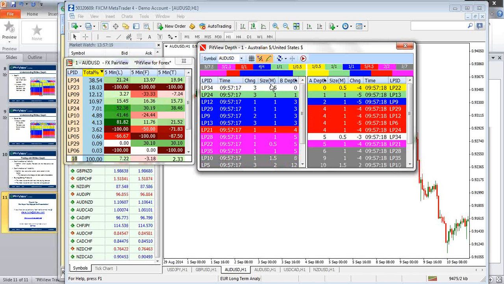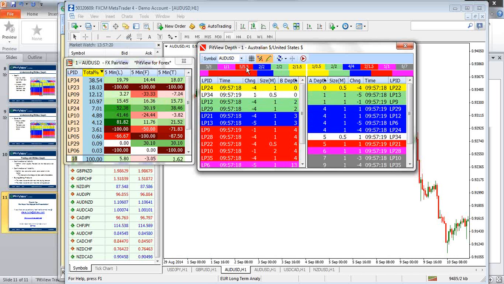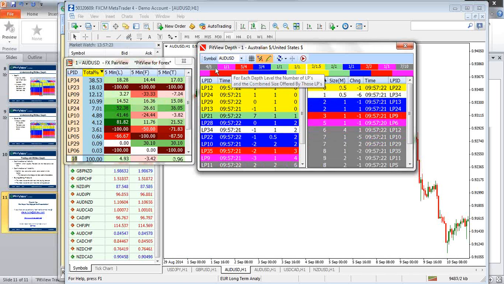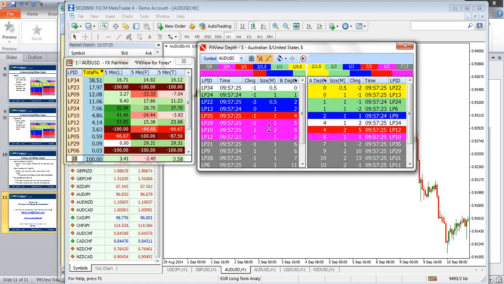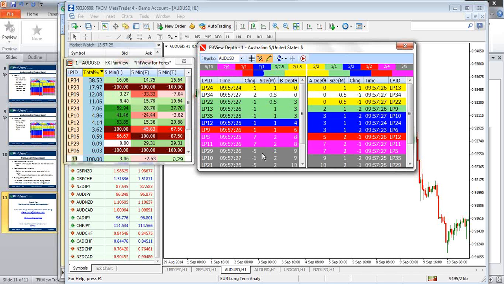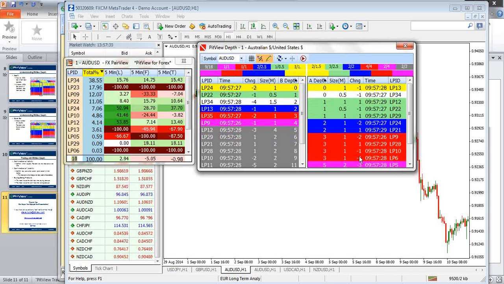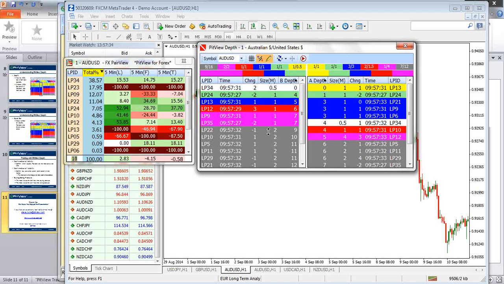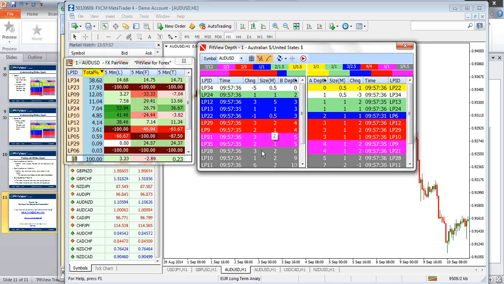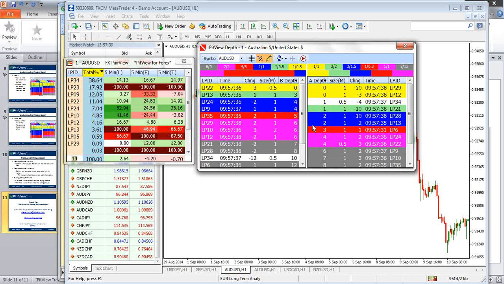Now, what I always look out for is I keep an eye more on the gray and the hot pink and the red, because the more gray there is, the further away people are from the best bid and ask price in the market. It's kind of a weird way to look at it, but that's one thing that I do to slow things down.